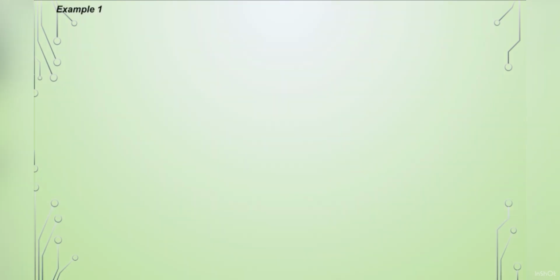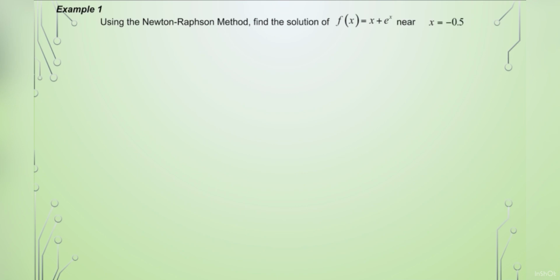Example 1. Using the Newton-Raphson method, find the solution of f(x) = x + e^x near x = -0.5 to 4 decimal places. I want you to observe x = -0.5 and we have the word near.